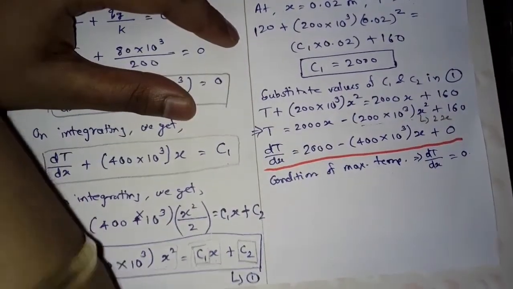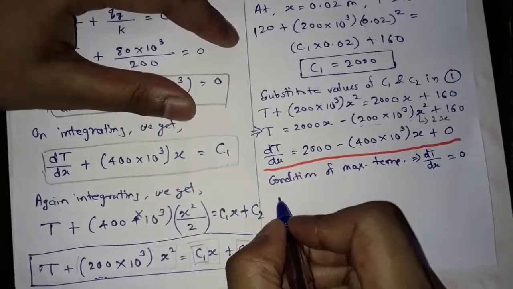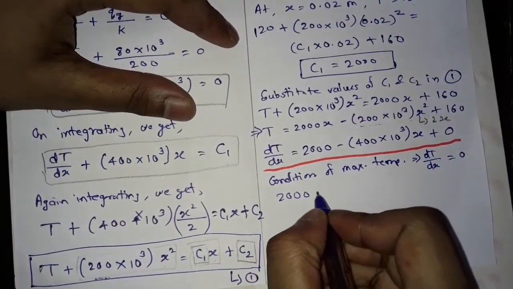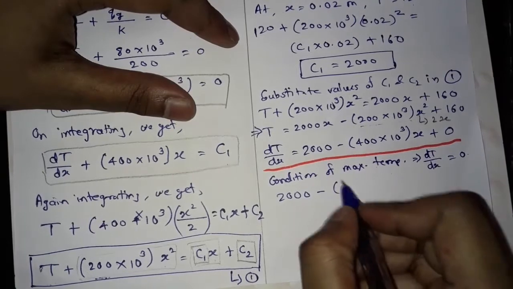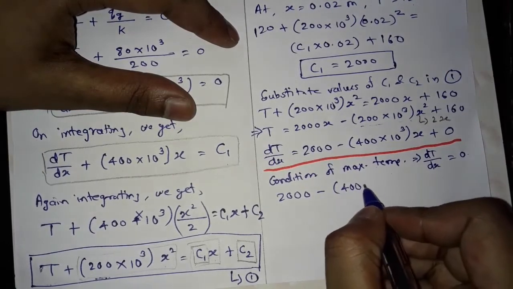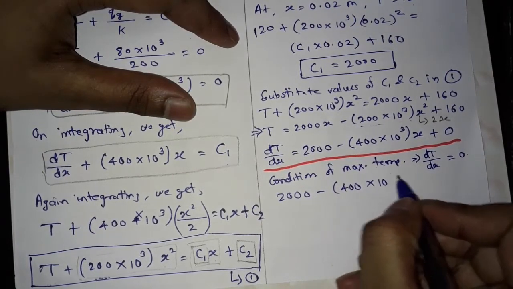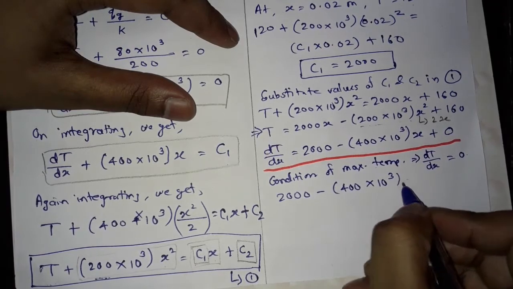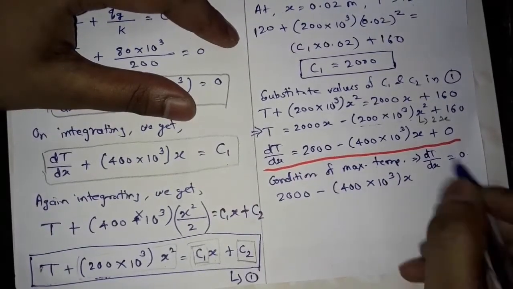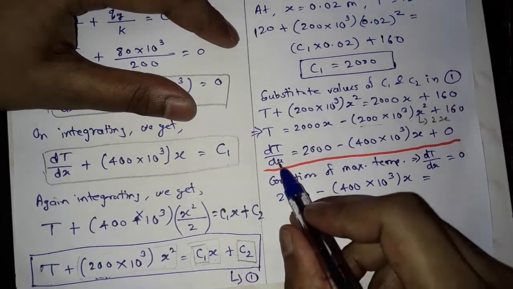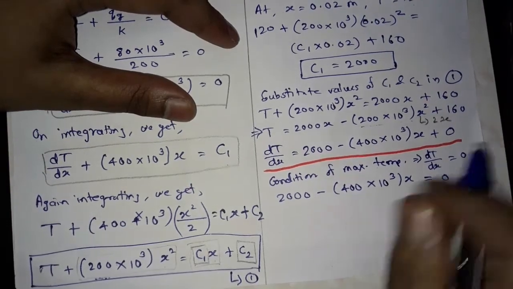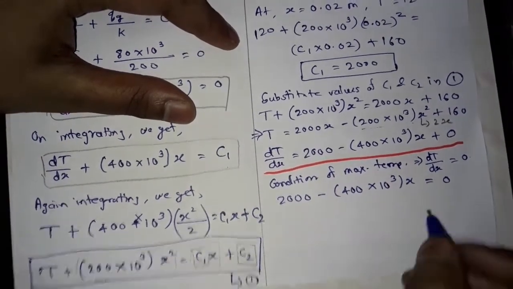Now let's put the values in this equation. So here we have 2000 minus (400 into 10 cube) x is equal to 0. Now let's simplify and solve this whole term.